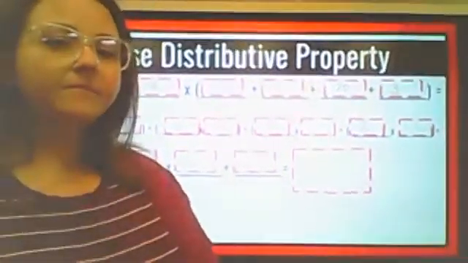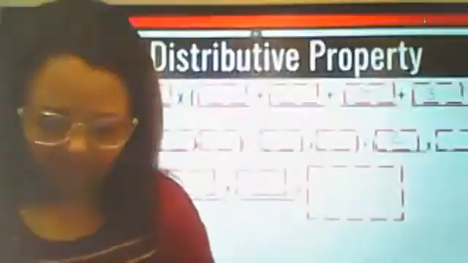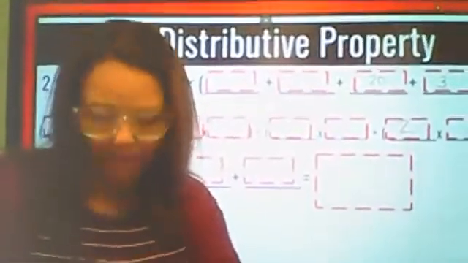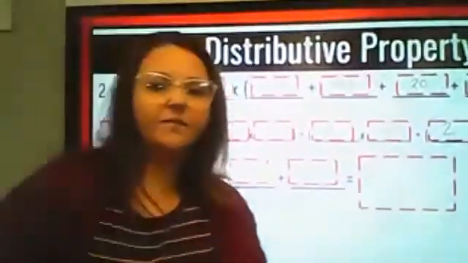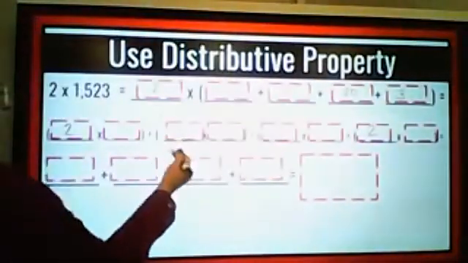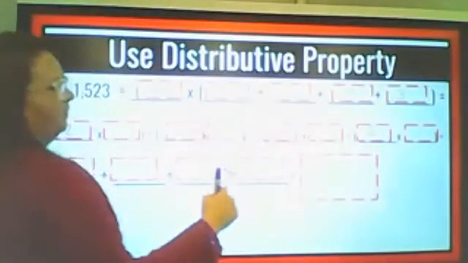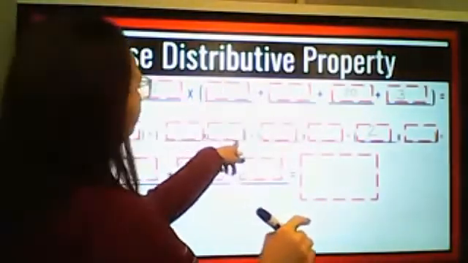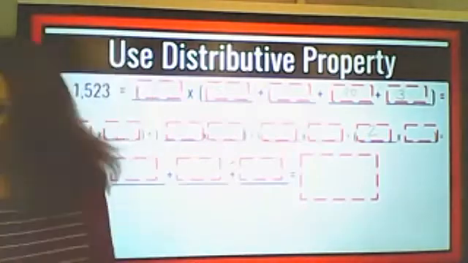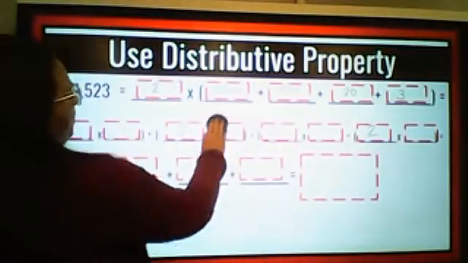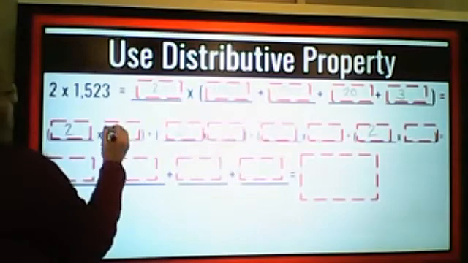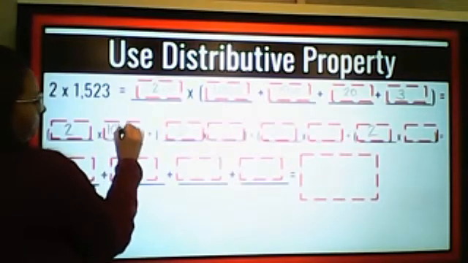Now each of the other numbers that I have broken apart go in these parentheses. So if I put 1,000 in this one, oh, I put 1,000 in the wrong one. Lord have mercy. Ooh, it is Monday all day long. All right, so it's 1,000 in this one.